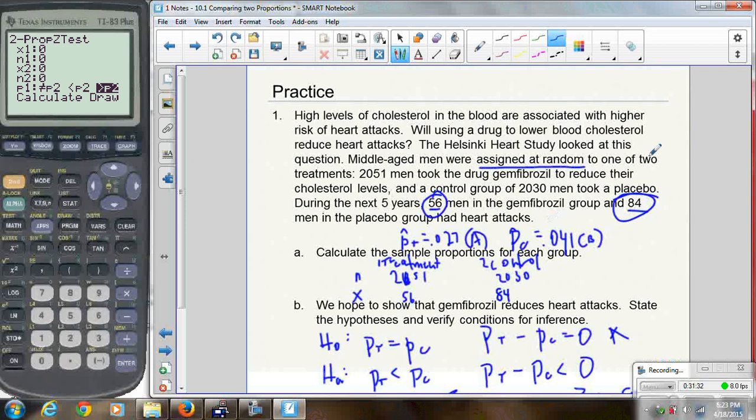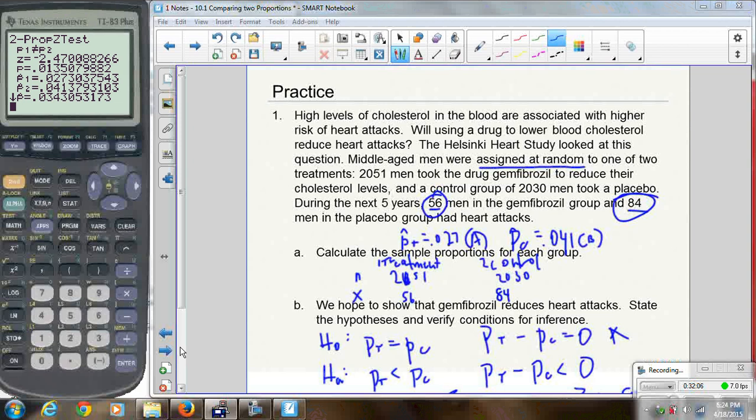My treatment is my first population, and so I'm going to keep that there. So I have 56 men in that group, and then my n would be the total of that sample, which is 2,051. And then in my second group, I had 84 who had a heart attack out of 2,030. And then I just have to select my alternative hypothesis, and in this case, p1 is not equal to p2, and then jump to calculate.